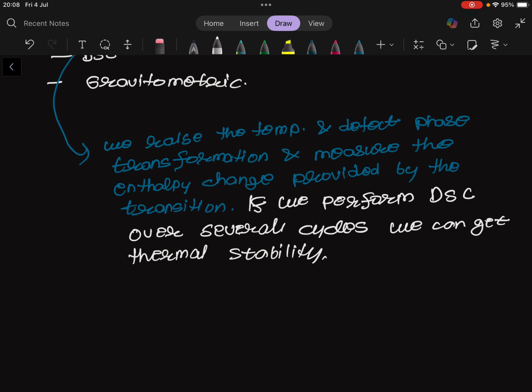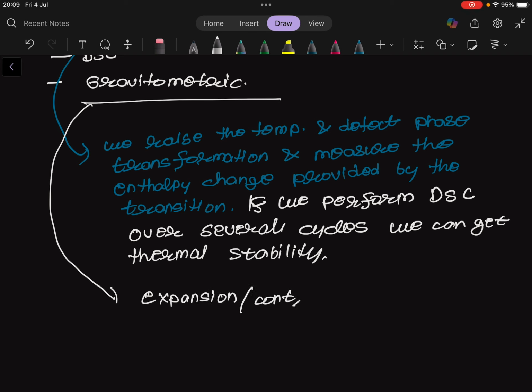Another possibility is to measure the thermal stability by the gravimetric method. We can perform several tests and see if the expansion or contraction of the material remains stable.